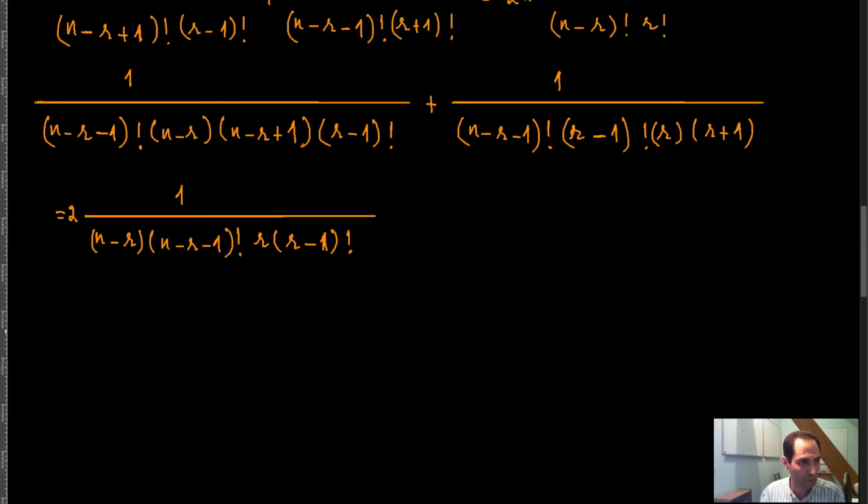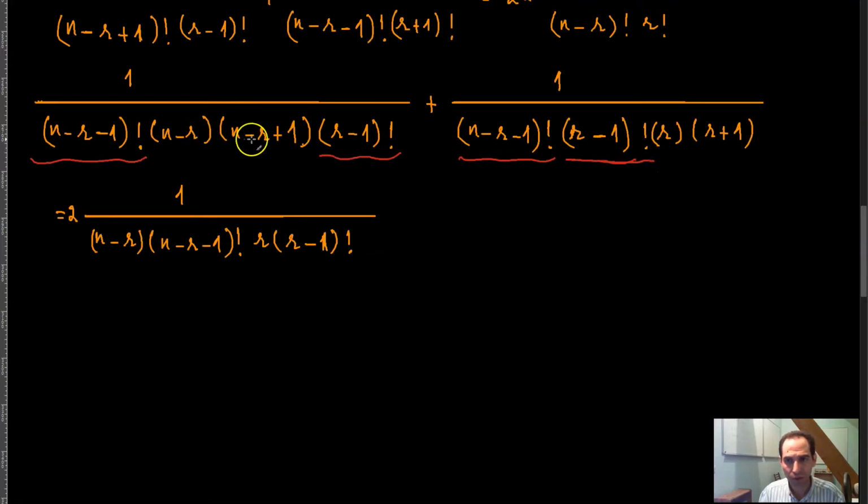Now what you can do is that from these two fractions you can take, as you can see, n minus r minus 1 factorial, these are common in the denominator. And r minus 1 factorial are again common.